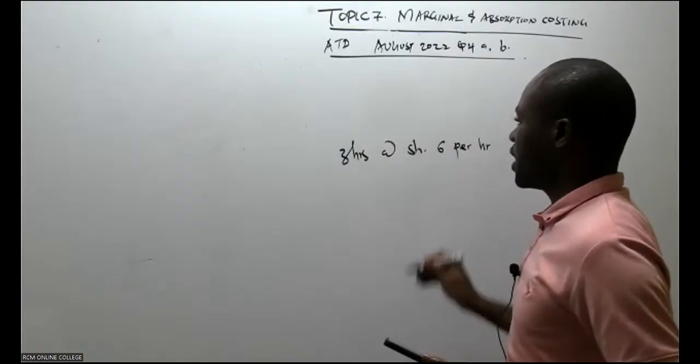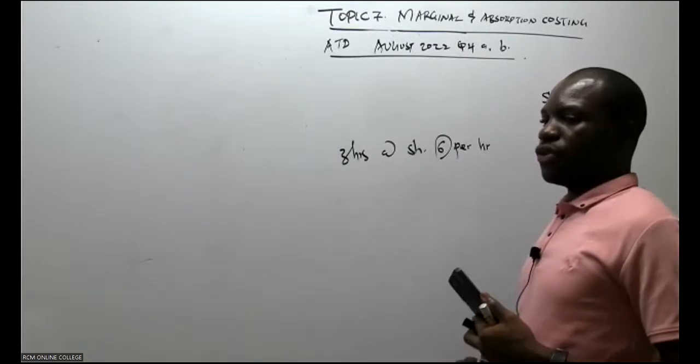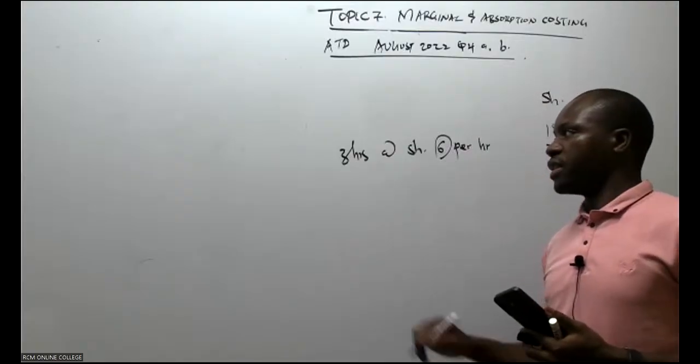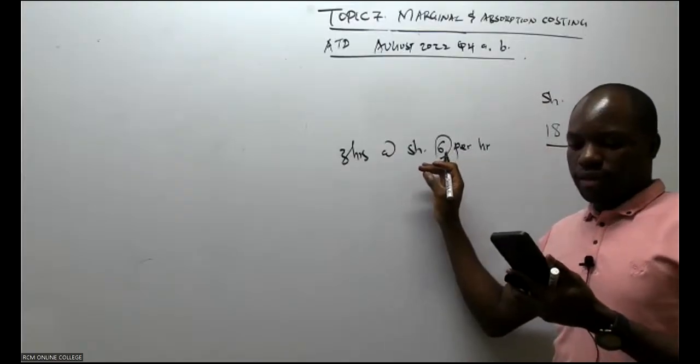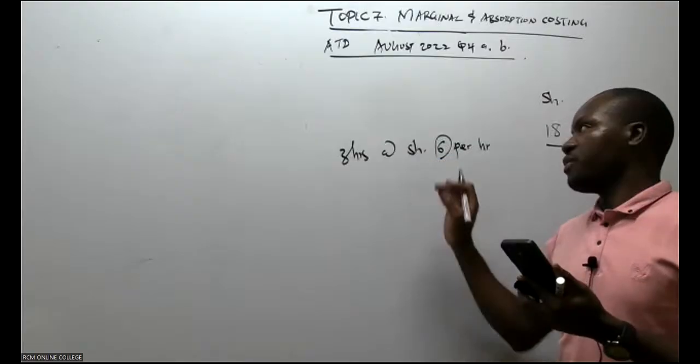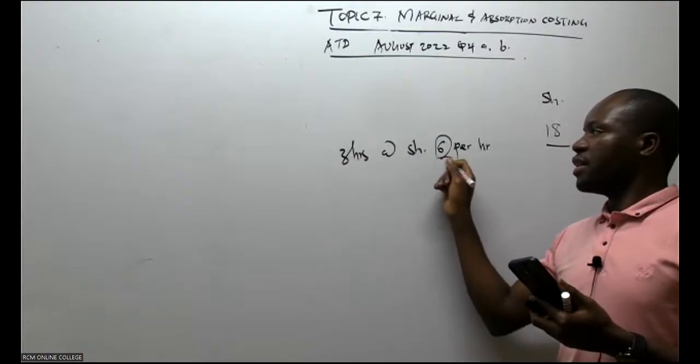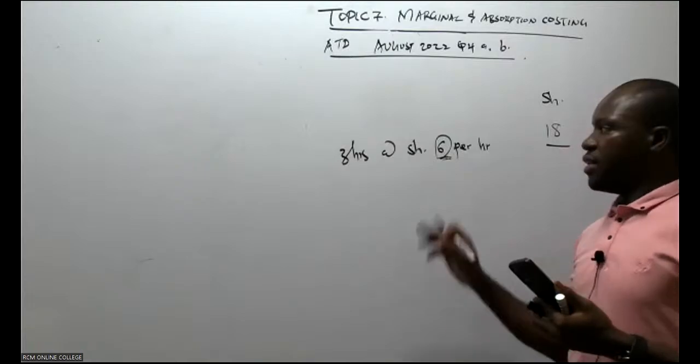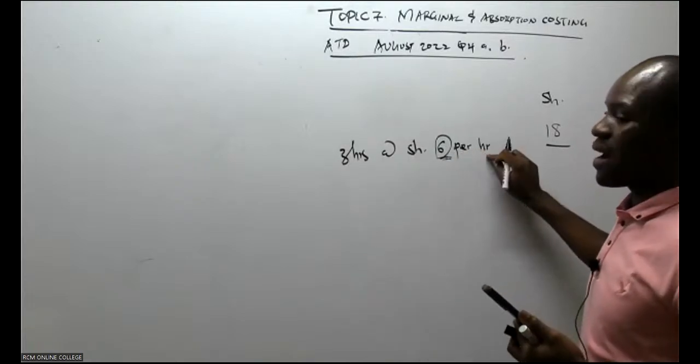Somebody will be confusing and checking this one here as the cost per unit, or material, that is a direct labor cost per hour.